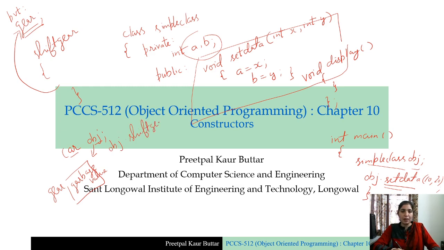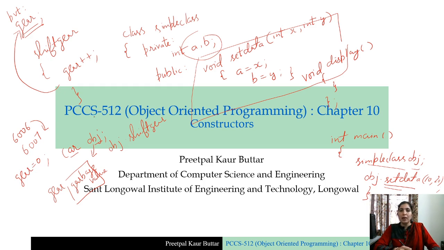The shift gear will operate on the garbage value which is there in gear. It will make gear plus plus, and the garbage value will be incremented. But you do not want this. You want the initial gear value to be 0, that is neutral.